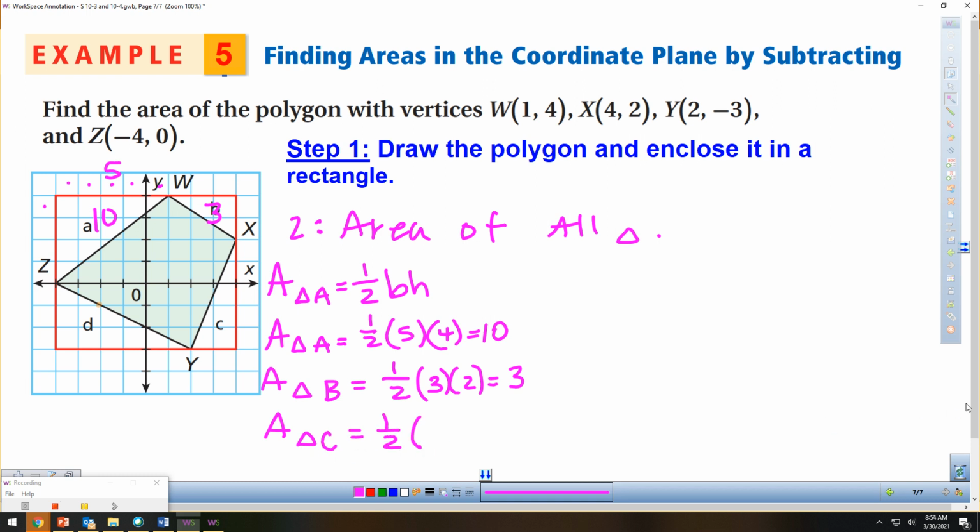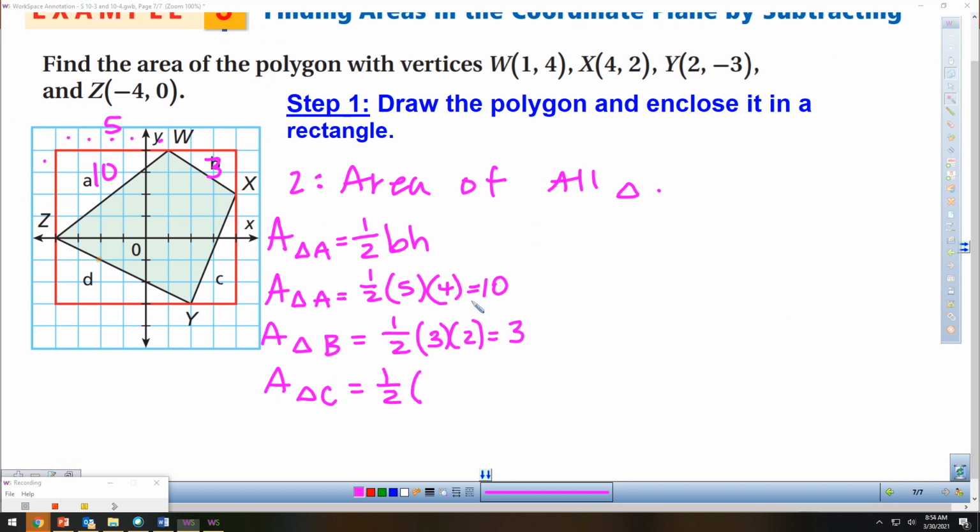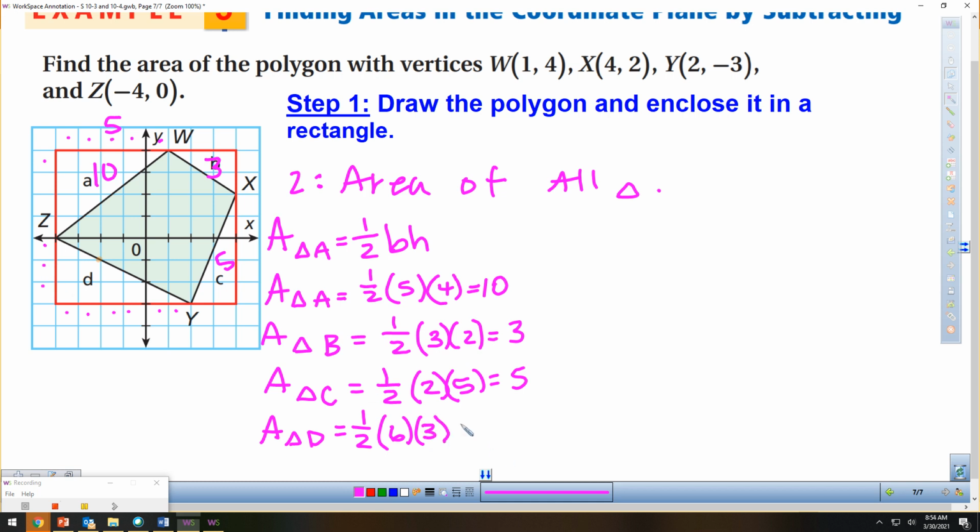The base of triangle C is what? 2. What's the height of triangle C? 5. So that's just the area is 5. Finally, we need to try to find the area of triangle D. So that's 1/2 the base, which is 6, times the height, which is 3, which gives me 9.